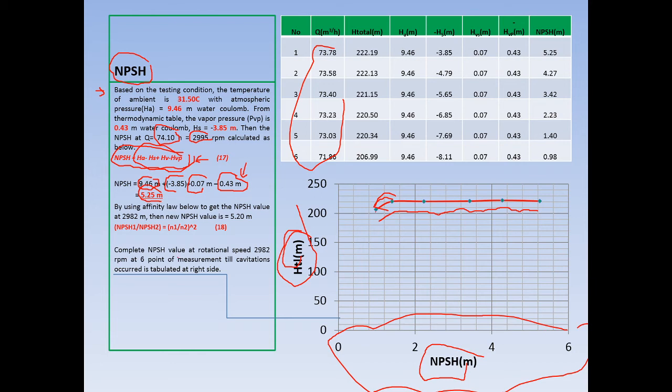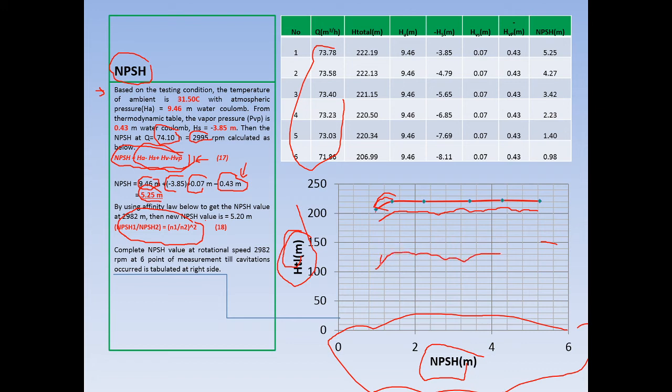Okay, and then based on the formula of the pump performance test before, you have to use the similarity law, and then you get this, and you make this chart, NPSH and the head. Then interestingly, you can notice that it's like this.